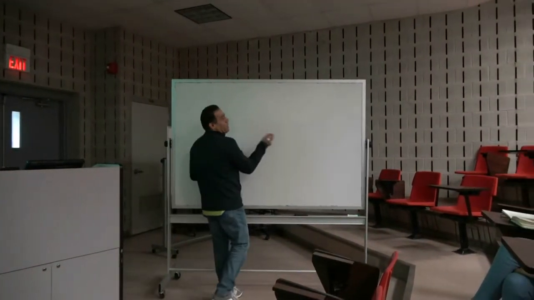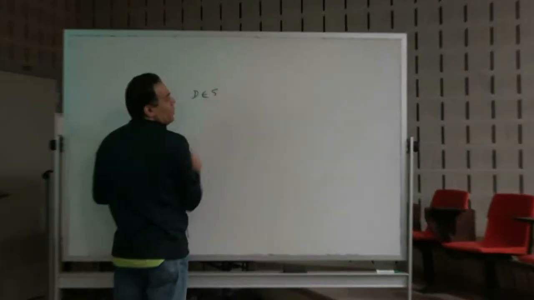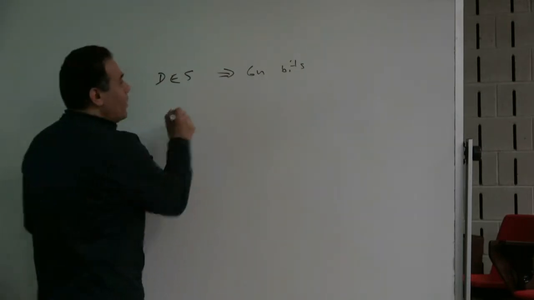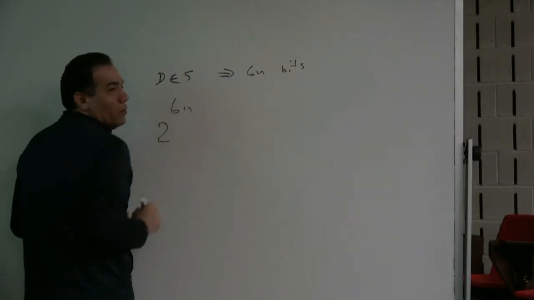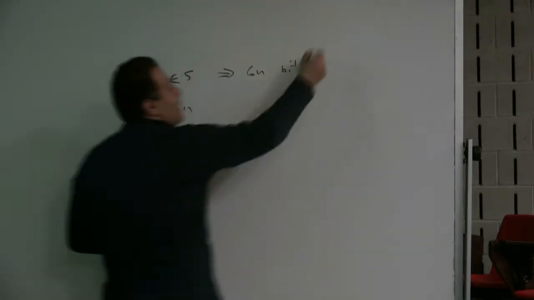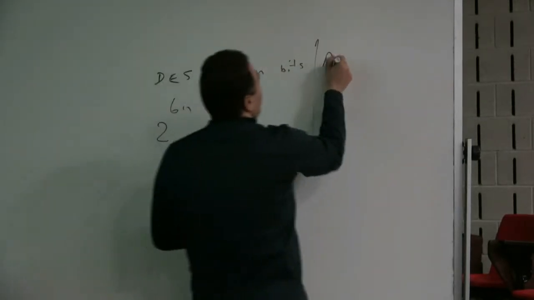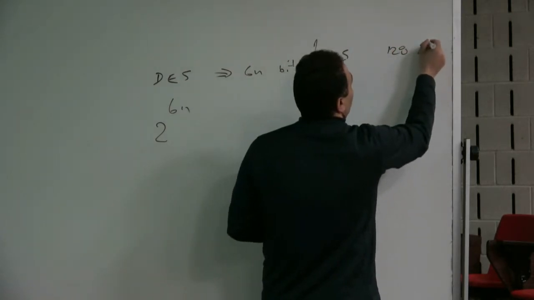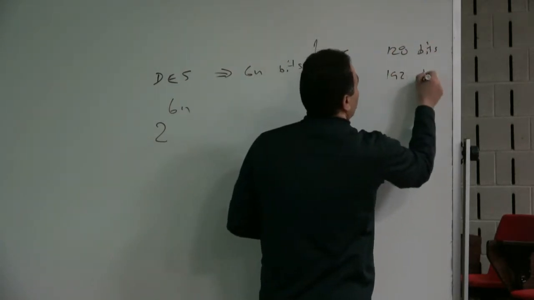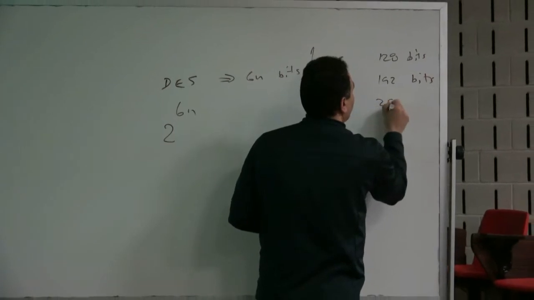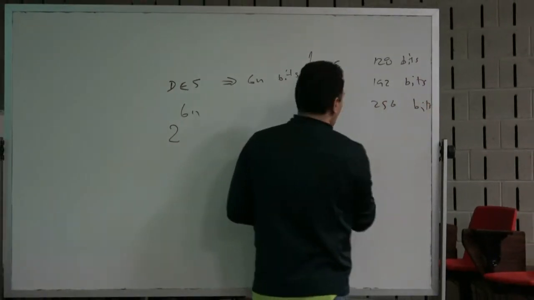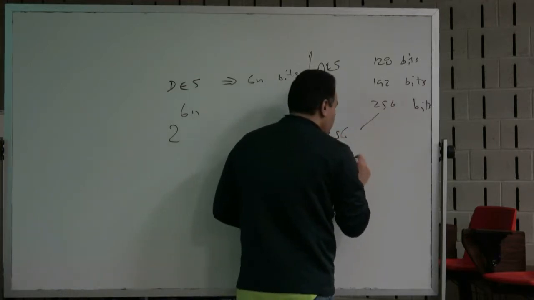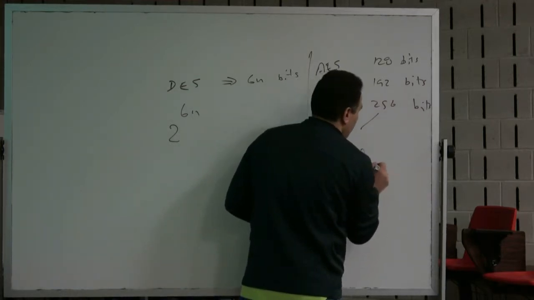In DES we have 64 bits, right? So how many options do we have? 2 to the power 64. But in AES, we have 128 bits, or 192 bits in one version, or 256 bits. So with 256 bits, we have 2 to the power 256 different keys.